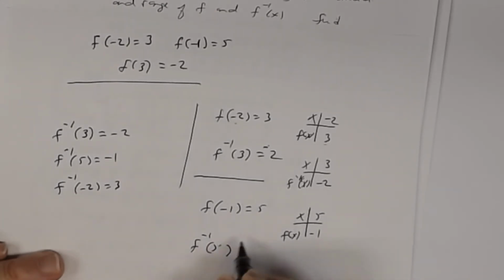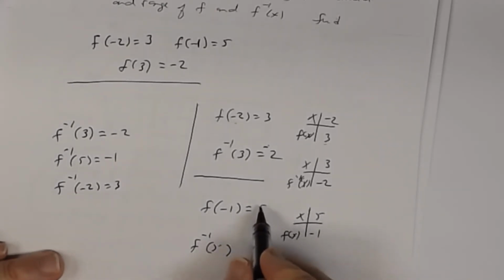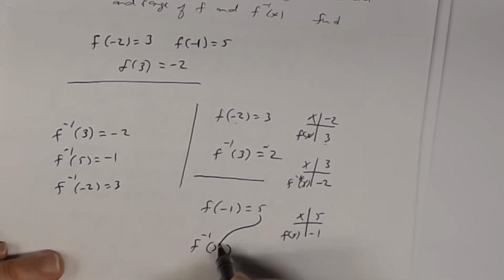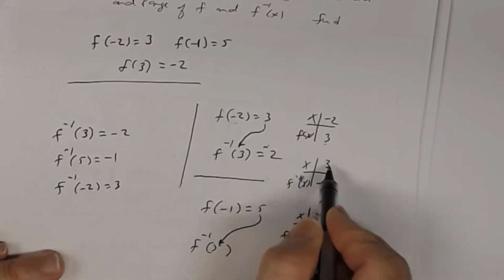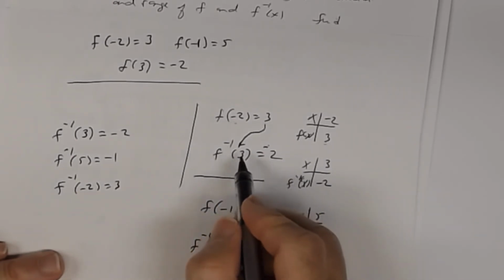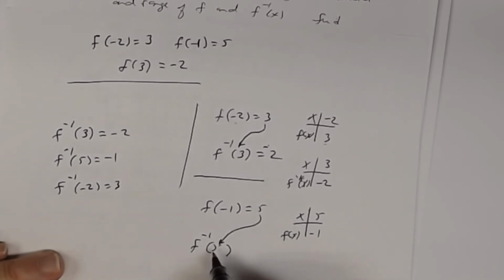Remember, this is your y, so the y becomes the x of the inverse. So the 5 becomes the x of the inverse, and the x coordinate of your function becomes the y coordinate of your inverse.